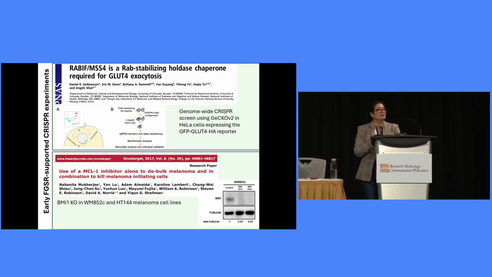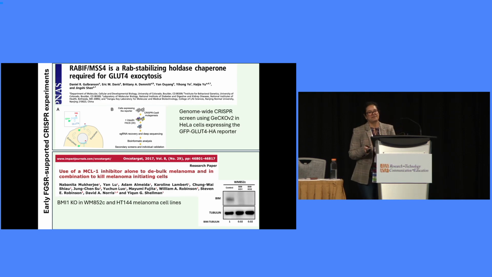And then in 2014, I taught myself this. And then by 2017, we were able to publish the first CRISPR screen using the Gecko library that I amplified. And in the same year, we were able to publish another paper which used the knockout lines that I developed. In those days, it was just me.